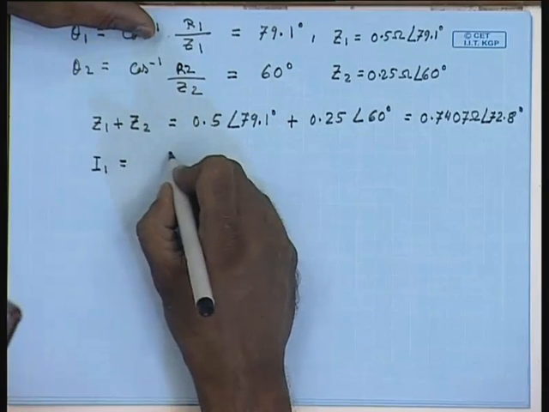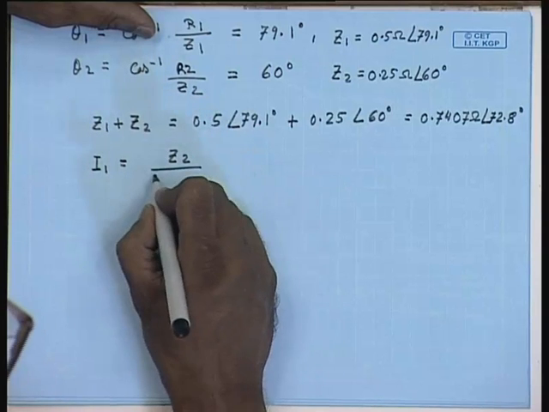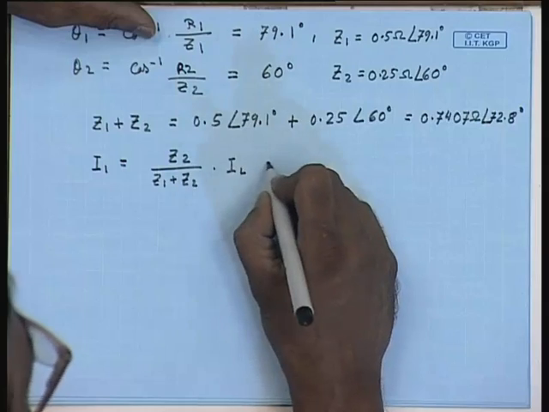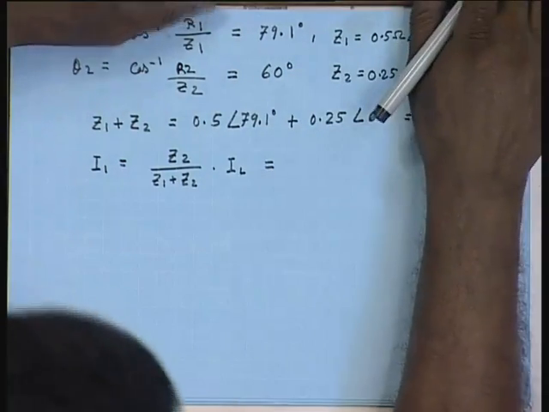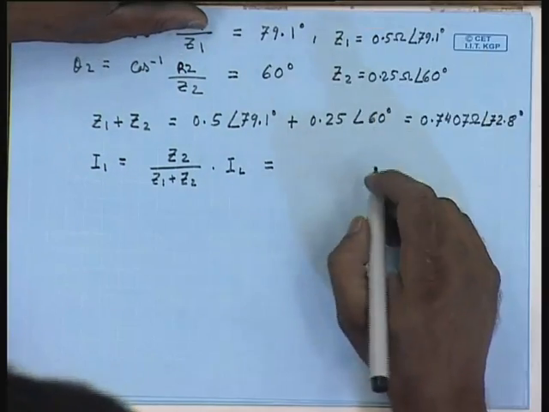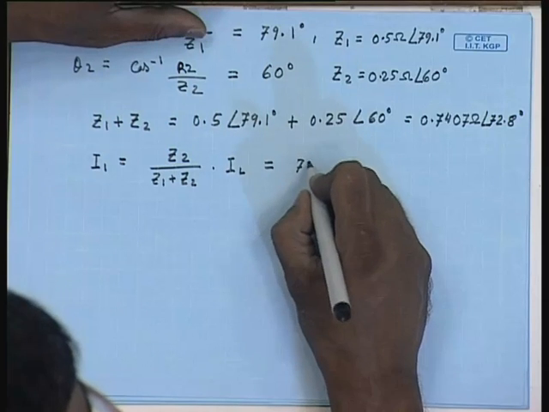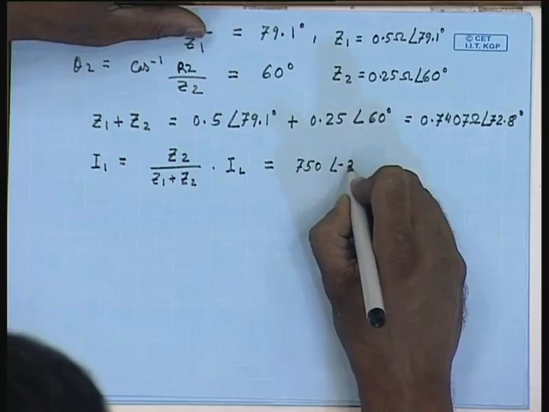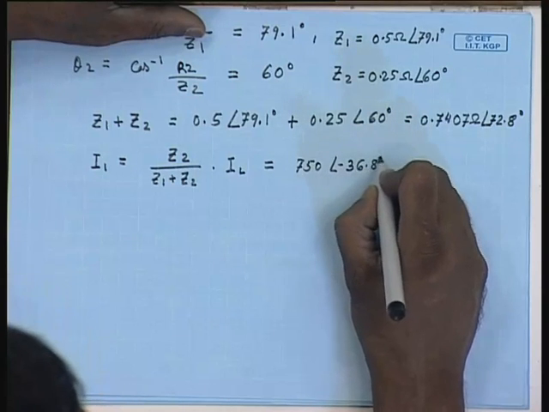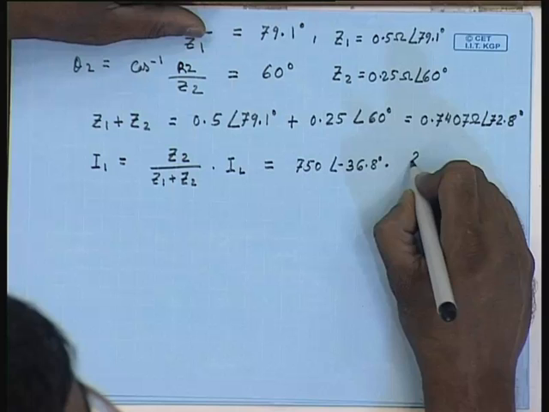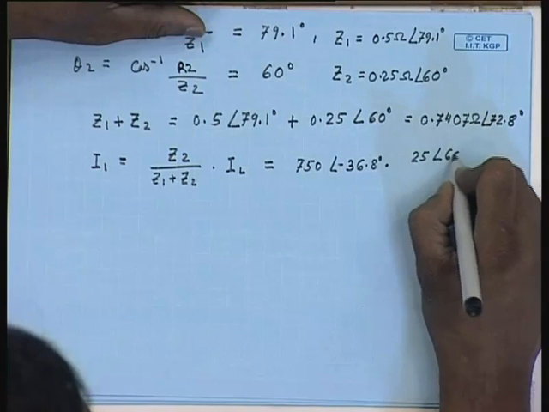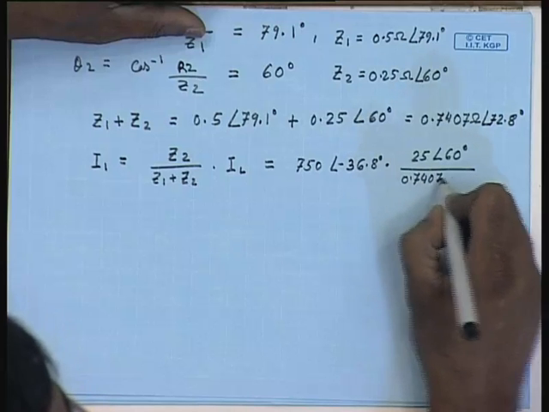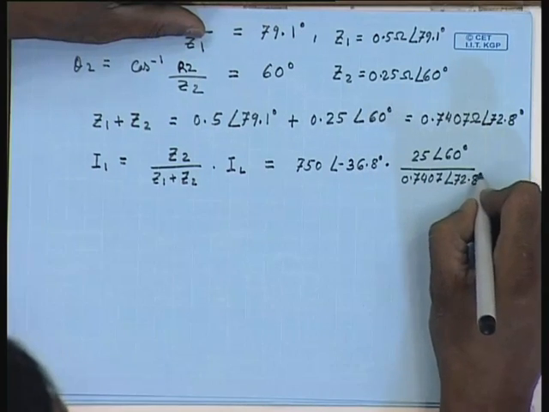I1 we have seen to be equal to Z2 divided by Z1 plus Z2 into IL, that is equal to 750 amperes, 0.8 lagging power factor, that corresponds to minus 36.8 degree, into 0.25 angle 60 degrees divided by 0.7407 angle 72.8 degrees.